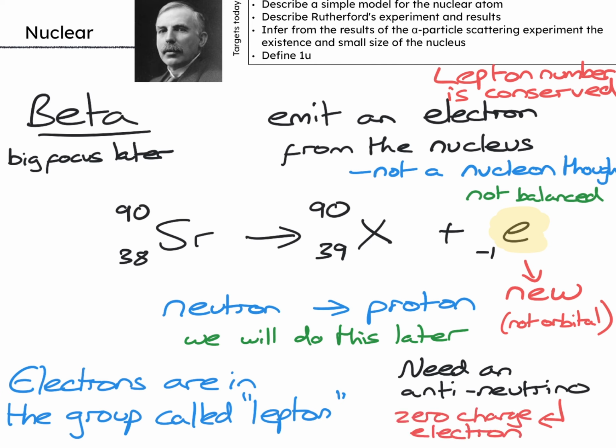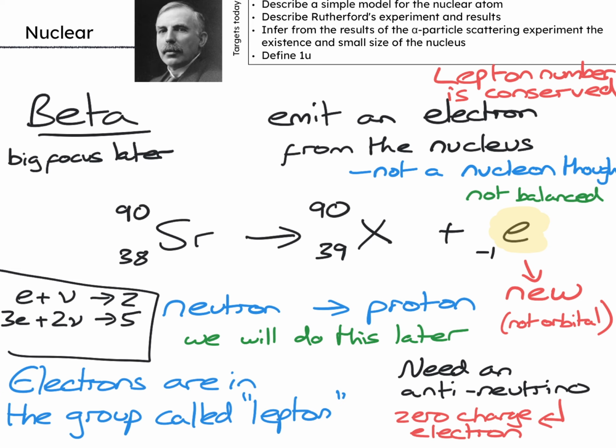So if we have an electron and a neutrino, we have two leptons. So that means we've got a lepton number of 2. 3 electrons and 2 neutrinos, that's a lepton number of 5. But 1 electron and 1 anti-electron, that's a total lepton number of 0. The electron and its antiparticle have the same mass, but opposite charge, by the way.